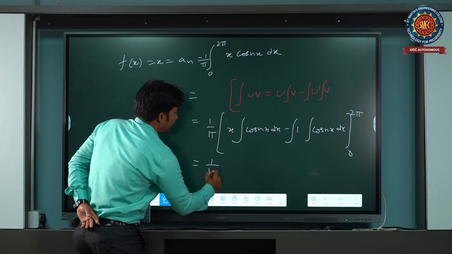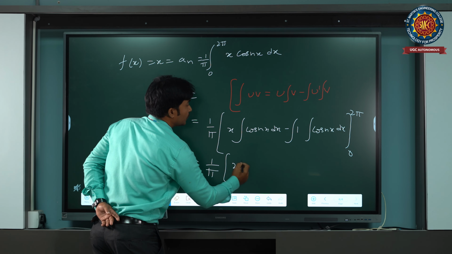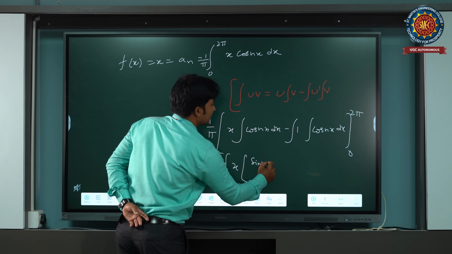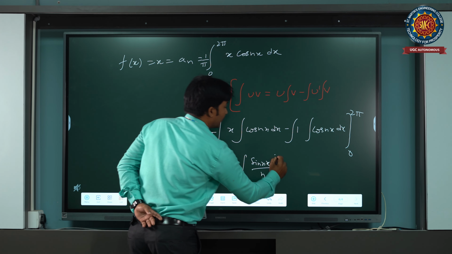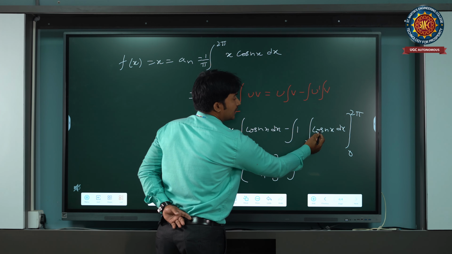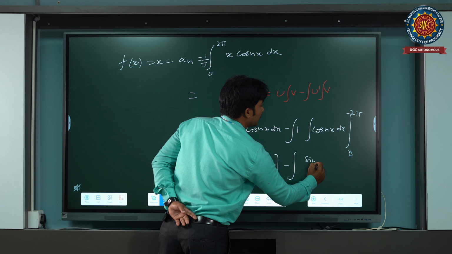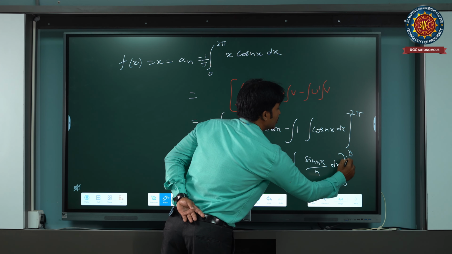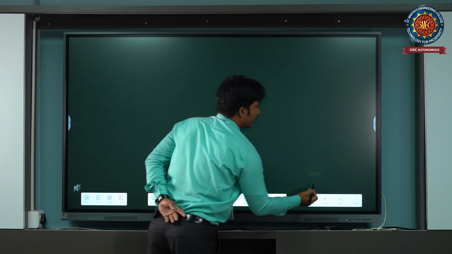So 1 by pi, x times integral of cos nx, which is sin nx by n, minus integral sin nx by n dx, limits 0 to 2 pi.